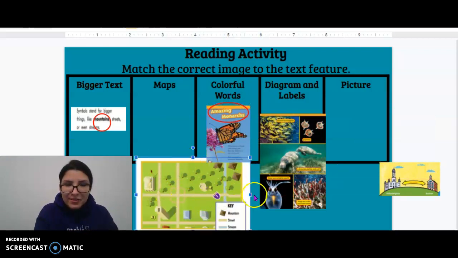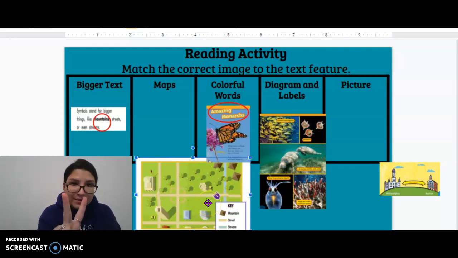So I went ahead and made this image a little bigger. Is this image an example of maps or picture? Maps or picture? I'll give you some time to think about it. What is this image an example of? Maps or picture?